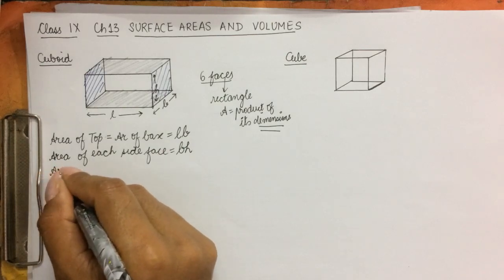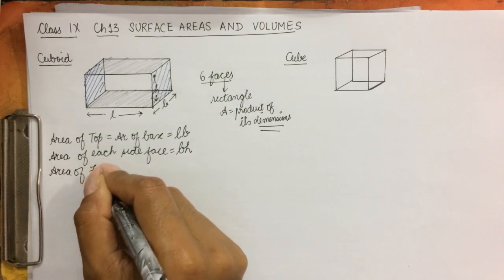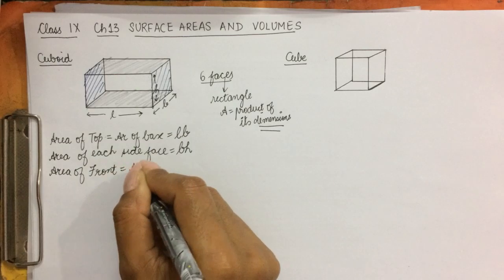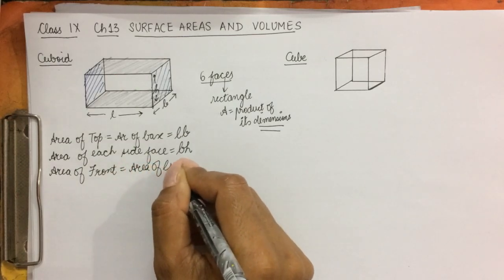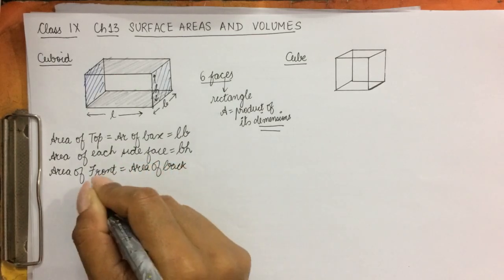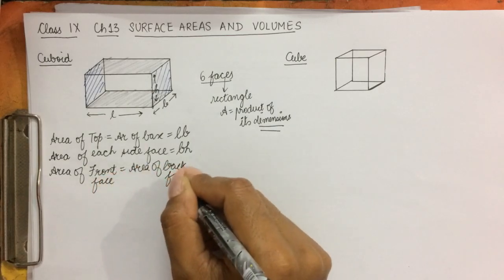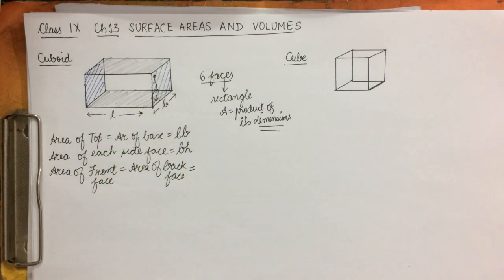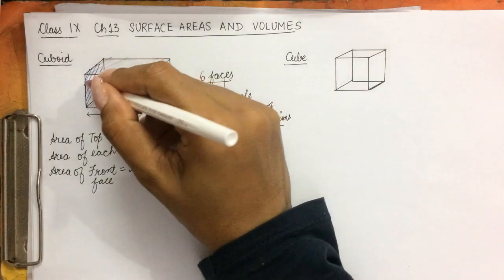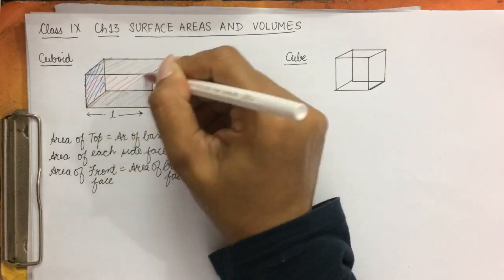Then we have the area of the front and the back face. The area of the front will be equal to the area of the back face. This is the rectangle on the front.